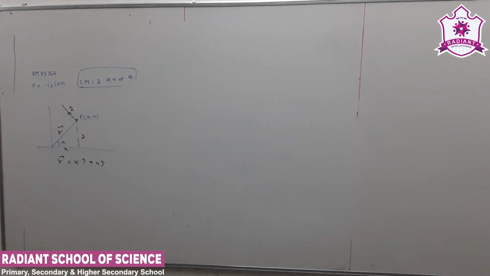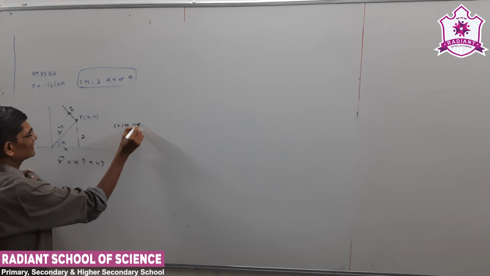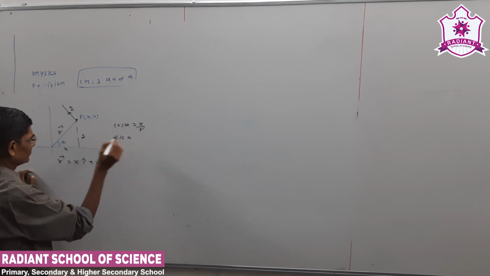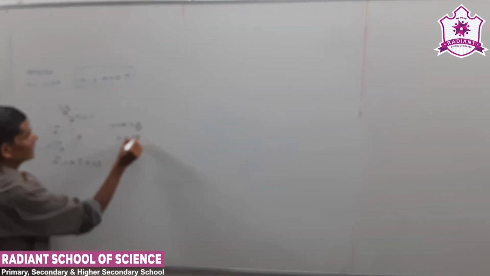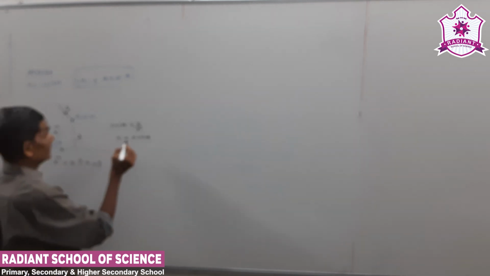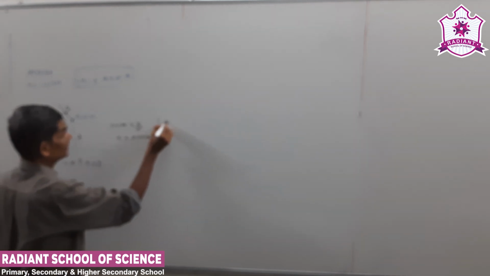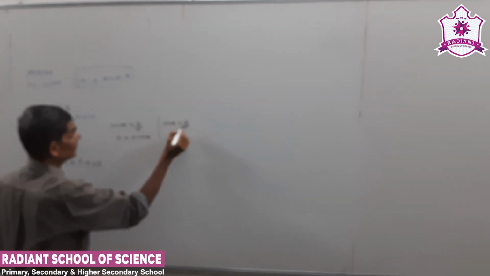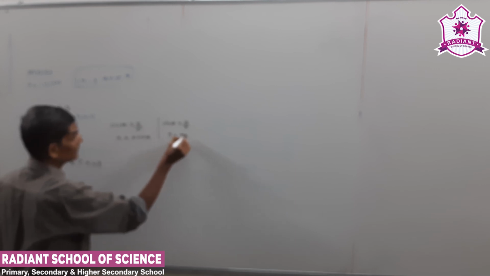Now what is x? See, cos theta is x upon r, so x is equal to r cos theta. And sin theta is y upon r, so y is equal to r sin theta.